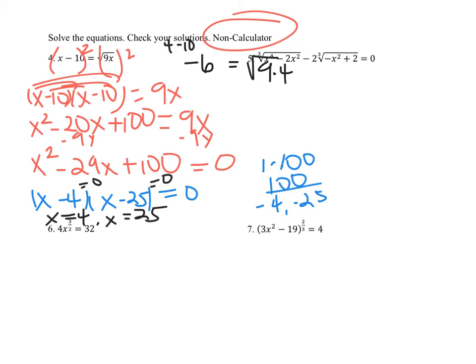And 9 times 4 is 36. But the square root of 36, since it doesn't have a plus or minus, has to be positive, and this says it equals negative 6. Okay, that cannot be. So x equals 4 will not be a solution we will use. So our final answer would be x equals 25.